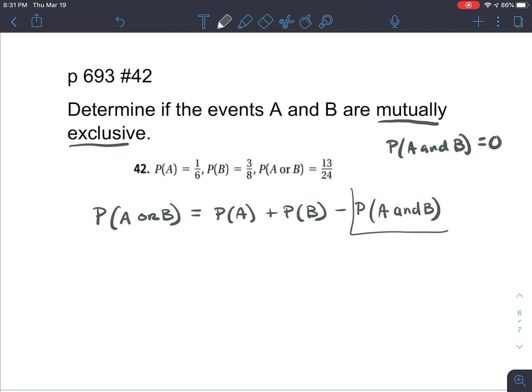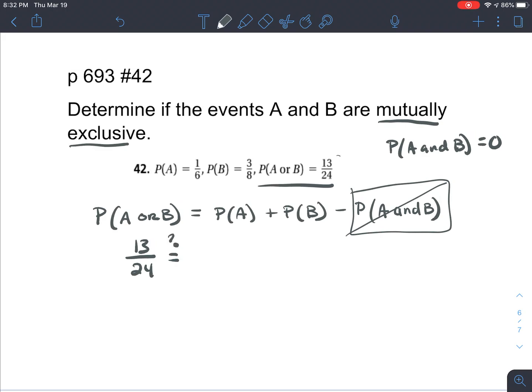So if something is mutually exclusive, we will see that this A and B will not affect it, and that the probability of A or B has to be equal to the probability of A plus the probability of B. So let's check. The probability of A or B is 13 over 24.